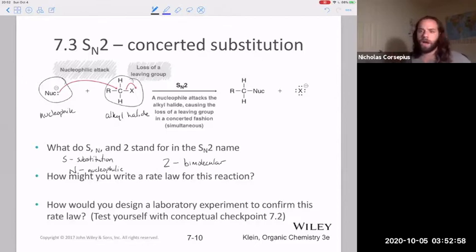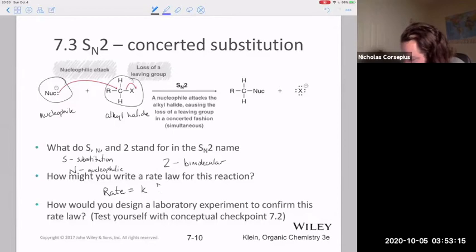A really common point of confusion is to think that the 2 refers to the number of steps. This is going to be one step, right? So SN2 is actually only a 1-step reaction. In terms of the rate, this is really where the bi comes from.